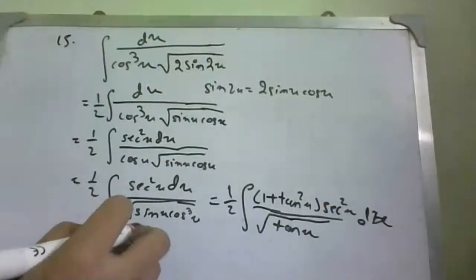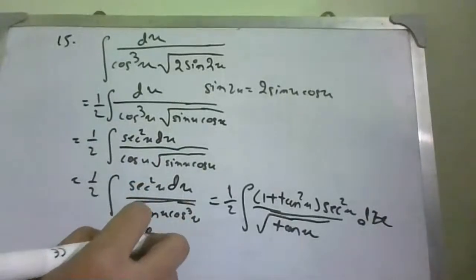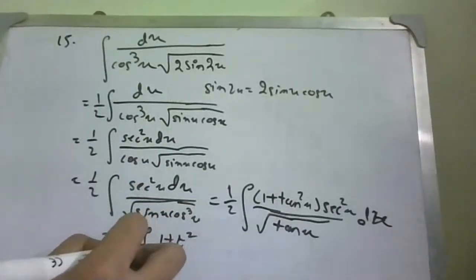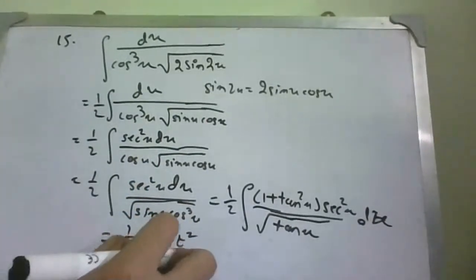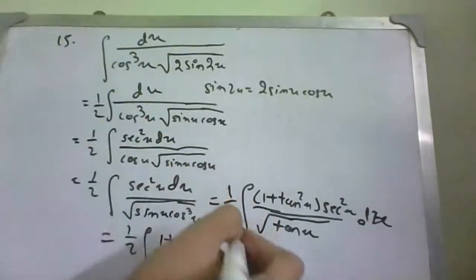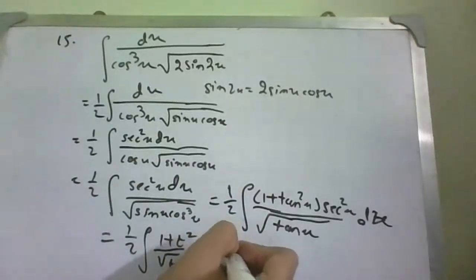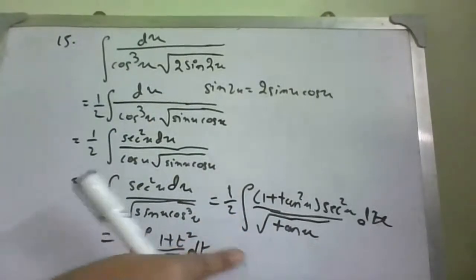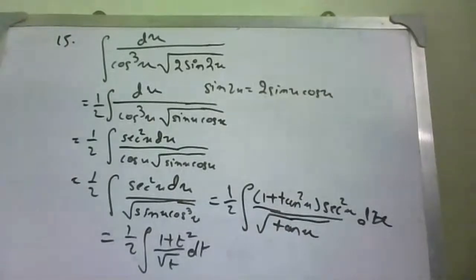This is half times the integral of 1 plus t square over root t dt. Okay, pretty simple now. Half times, let me write it over here.